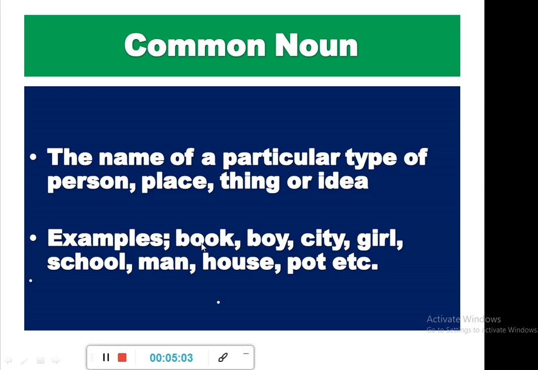Now, when you are talking of a book, you discover that is a type of educational material. Boy is a type of person. City is a type of place. Girl is a type of person.